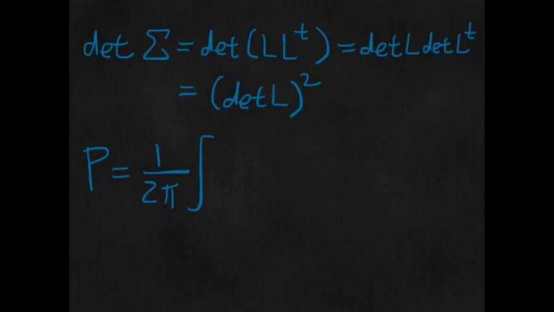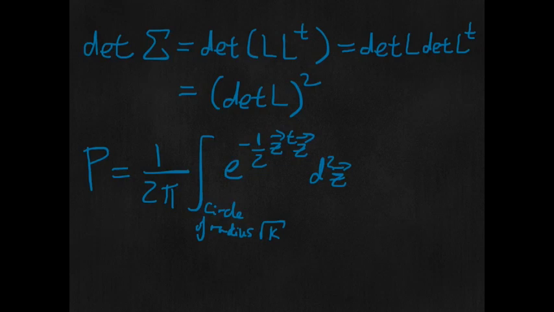We're integrating down to a circle of radius root k, e to the minus 1/2 z transpose z, d2z.